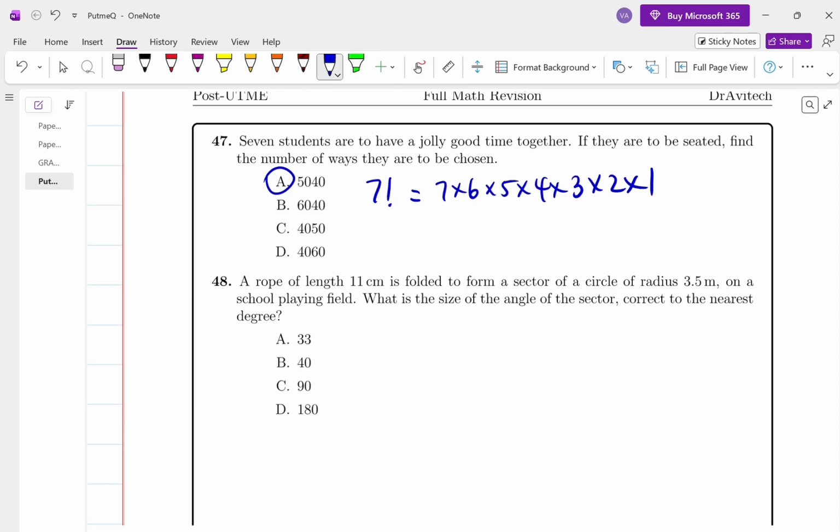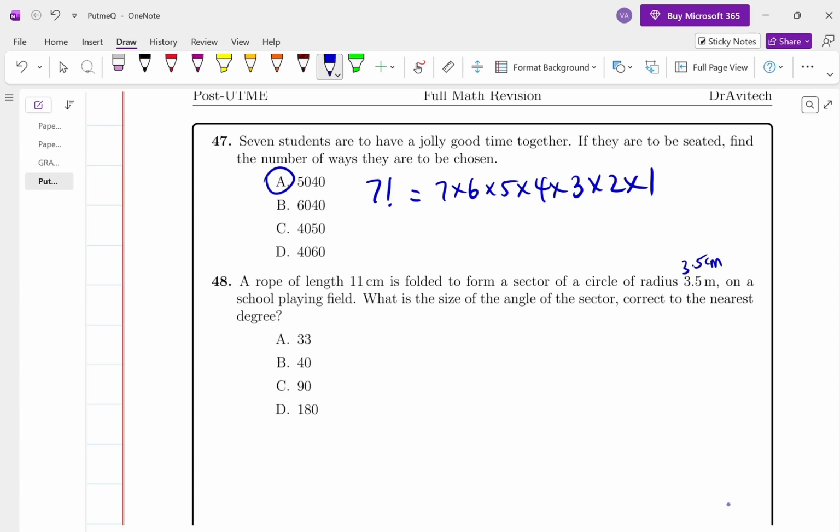Okay, for this, I think this should be cm. Yep, 3.5 cm. Otherwise, the shape will be very, very weird. So to start with, the rope has a length of 11, and then it's used to form something.